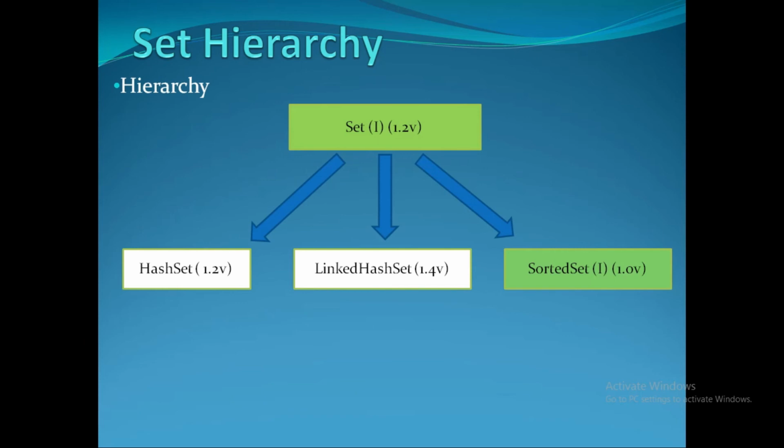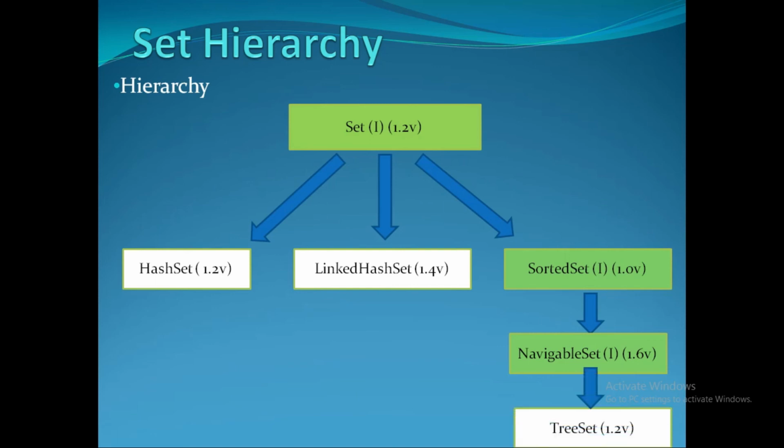The next one is the child interface of SortedSet, that is NavigableSet. NavigableSet came in version 1.6. And after that the implementation class, which is TreeSet, came in version 1.2. So this is the hierarchy for the Set interface.